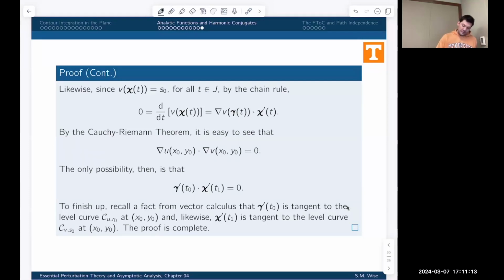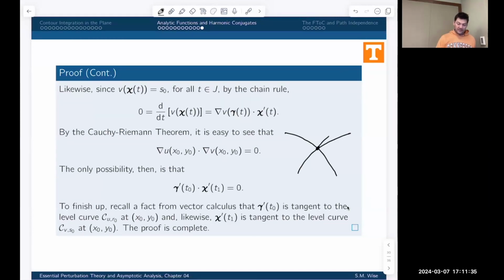Well, actually, let's do that picture. So we have these two contours which are crossing. That's not a good crossing because we know that it's going to be perpendicular. First of all, what do we know about taking a gradient at a level curve?